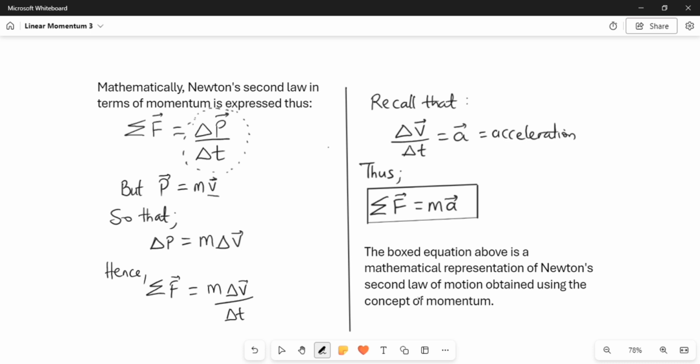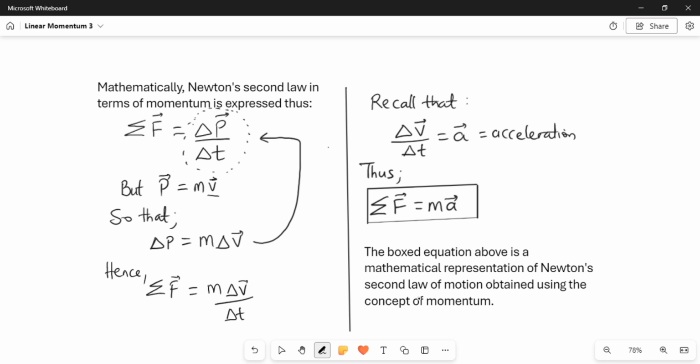So fixing this expression back into this equation, we have that the total force will be equal to mass times change in velocity all over change in time. But then from kinematics, the rate of change of velocity is equivalent to acceleration. So delta v over delta t is a, which is acceleration.